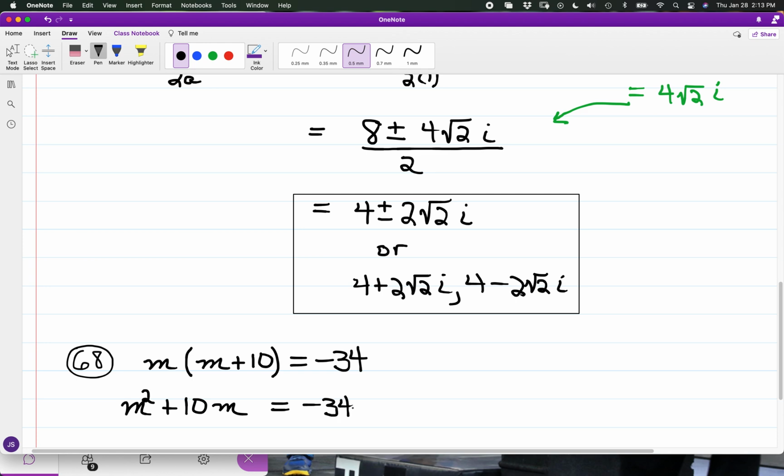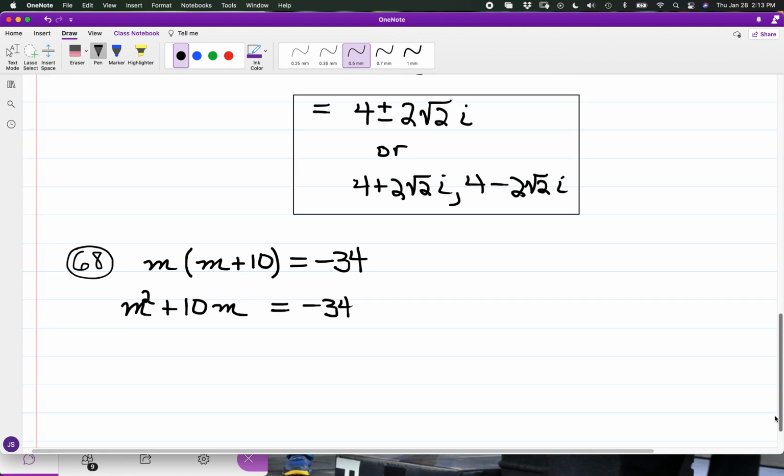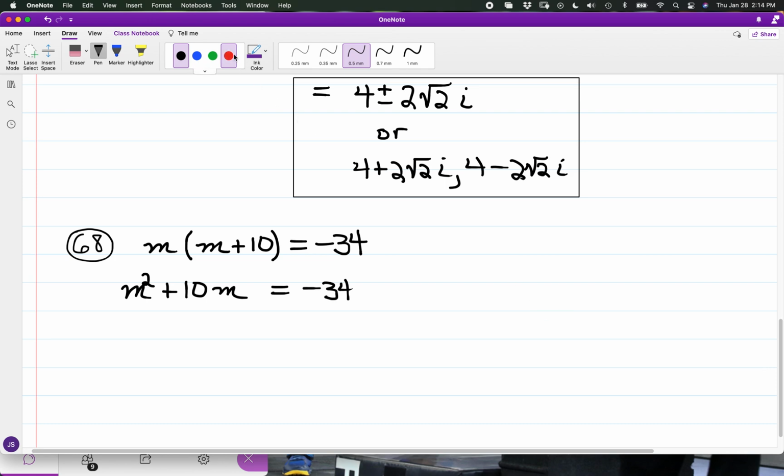So we have another quadratic equation, this time in the variable m, and it is not yet in standard form. So if I move the 34 over, we're going to have m squared plus 10m plus 34 is equal to 0.